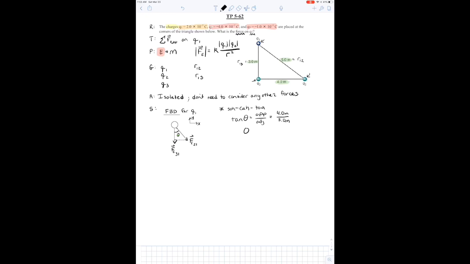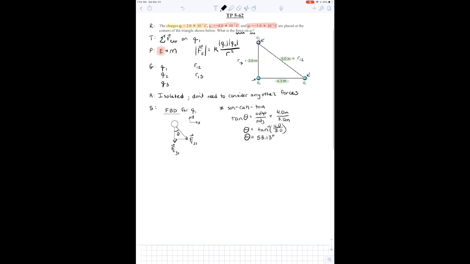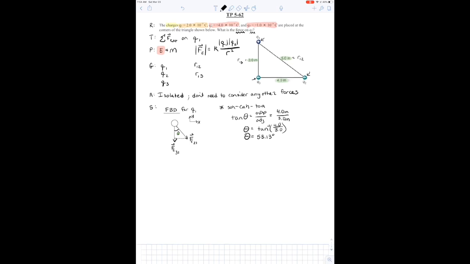So my theta is going to be arctan of 4.0 divided by 3.0, and that gives me an angle of 53.13 degrees. And I'm not rounding to sig figs yet, because I want to make sure I don't round until the very end. So I'm going to leave it as 4 sig figs.